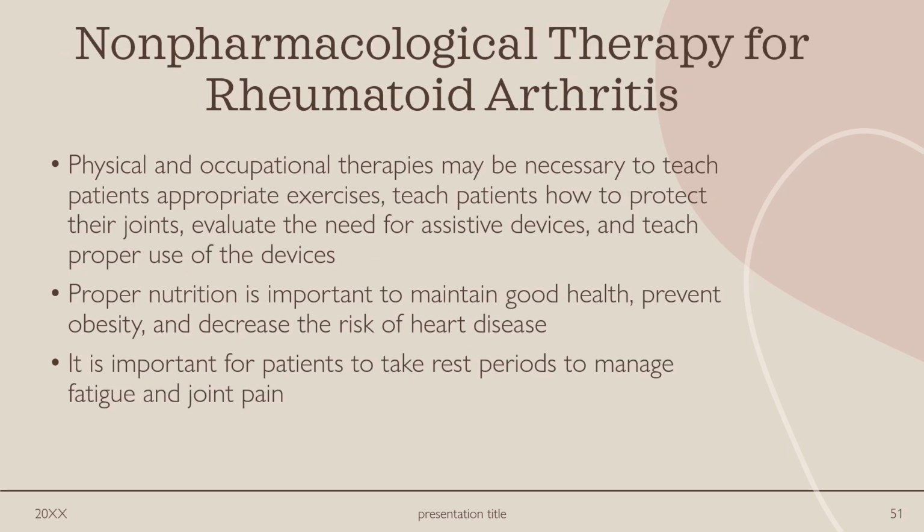Physical and occupational therapies may be necessary to teach patients appropriate exercises, teach patients how to protect their joints, evaluate the need for assistive devices, and then teach the proper use of that device. Proper nutrition is important to maintain good health, prevent obesity, and then decrease the risk of heart disease. And it is important for patients to take rest periods to manage fatigue and then their joint pain.